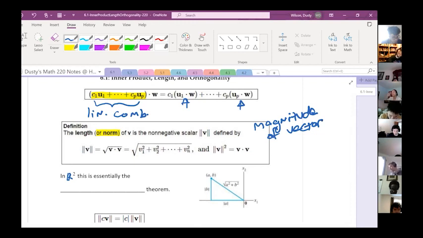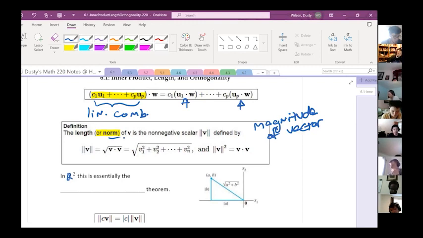I think that for those of you that are Phineas and Ferb fans, we say this is the norm of the vector in recognition of Dr. Doofenshmirtz's robot Norm. Anyway, the length or norm of v is the non-negative scalar defined by the magnitude of v, and it's the square root of the vector dotted with itself, or the square root of the sum of the squares of the entries.